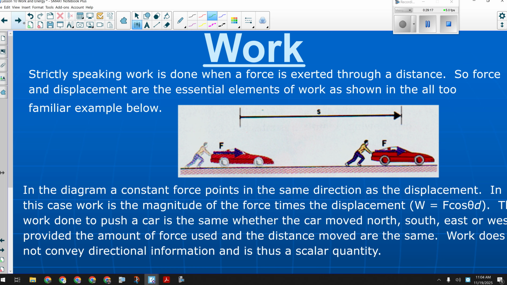So if I push that car, and it accelerates, then I'm definitely doing work. Agreed? And what kind of energy am I changing about the car, assuming that that's a level surface? Kinetic, because its speed is changing. What if I was pushing it up a hill?